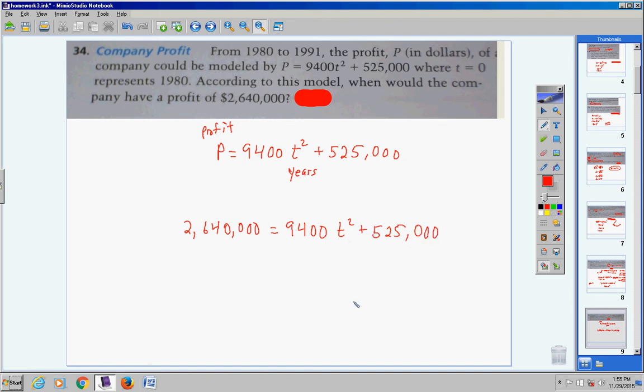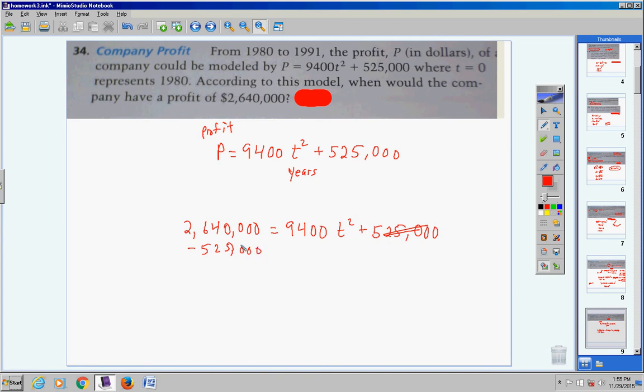Alright, there we go. Now let's get t squared by itself. Notice you have a quadratic equation. There's no t term anywhere, no b term, whatever you want to call it. So we can use the square root method. So I'm going to take the 525,000 and bring it over here and make it negative 525,000.